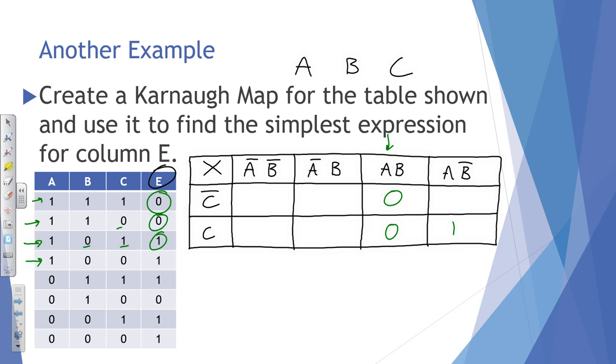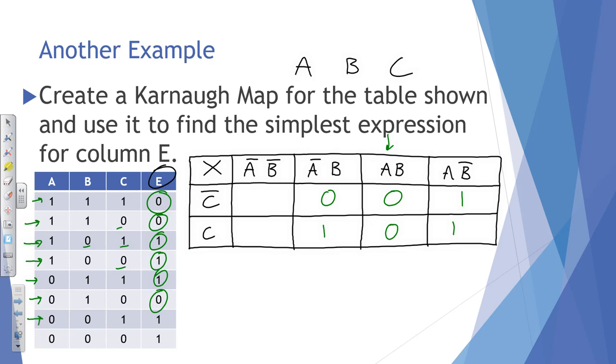A but not B and not C gives an outcome of 1. Row 5, we have not A, B, and C. That gives an outcome of 1. Not A and B and not C gives an outcome of 0.